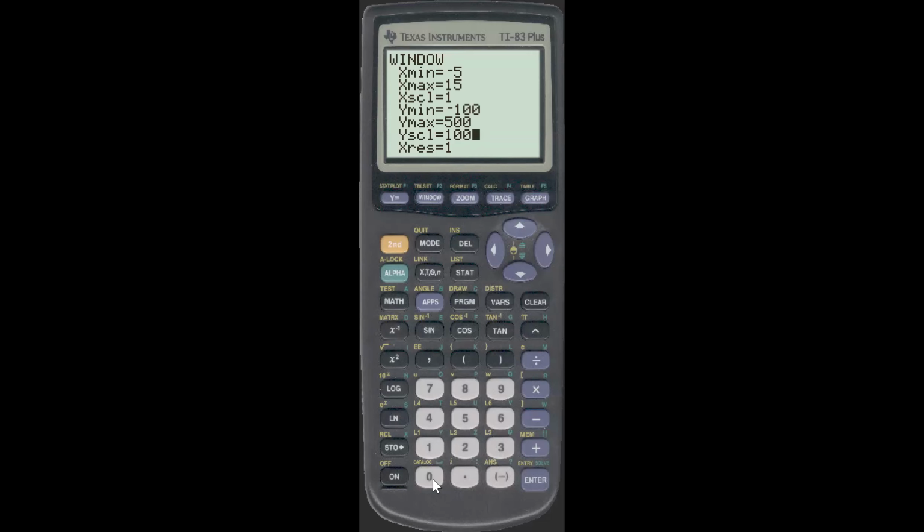Y min is -100, and then Y max is 500, and then YSCL is 100, and then I click graph.